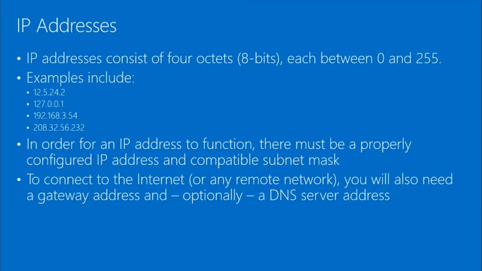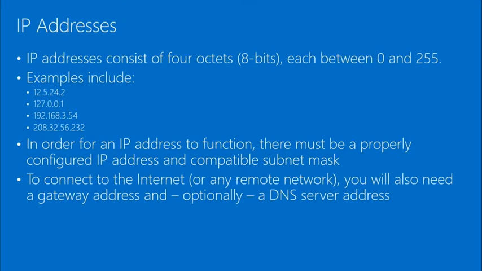So our IP addresses. We've talked previously about MAC addresses, media access control addresses that work at layer 2. IP addresses are addresses associated with the TCP/IP protocol that uniquely identify devices on the network. They consist of 4 octets, 8 bits, between 0 and 255.